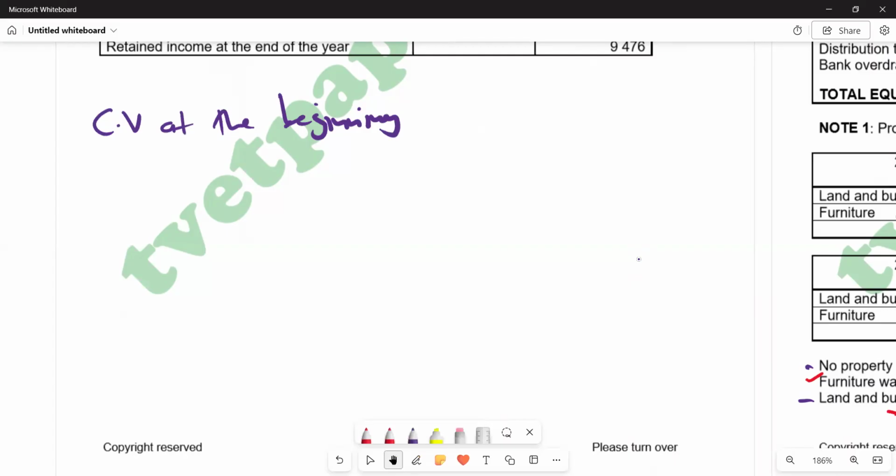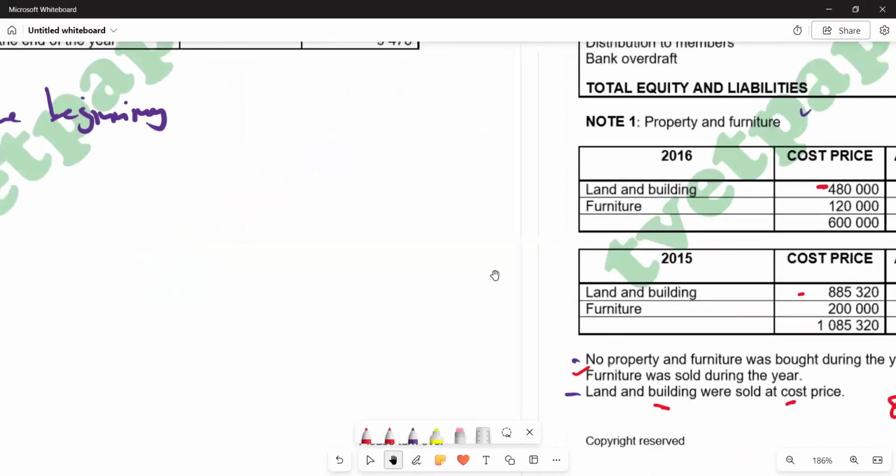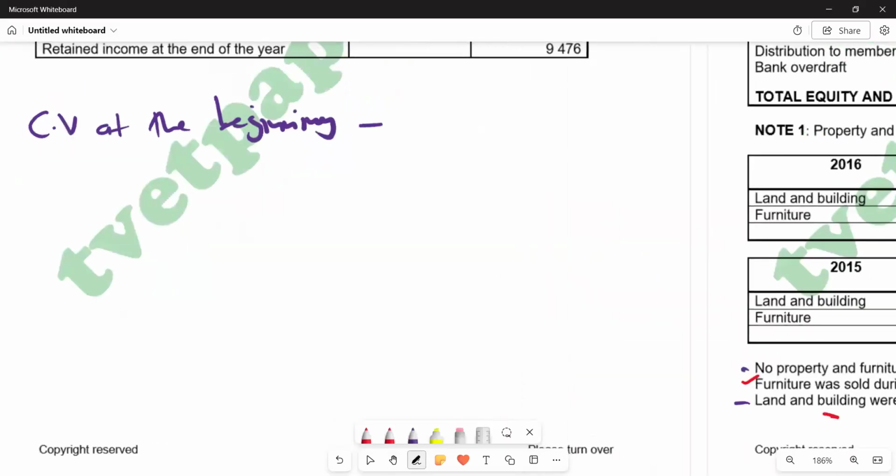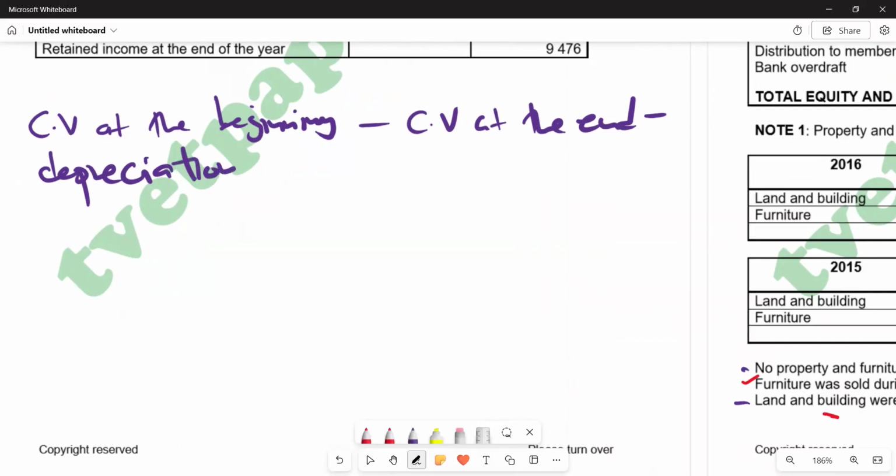So what we are going to do is just subtract the carrying value at the end, and then we subtract again depreciation for the year.